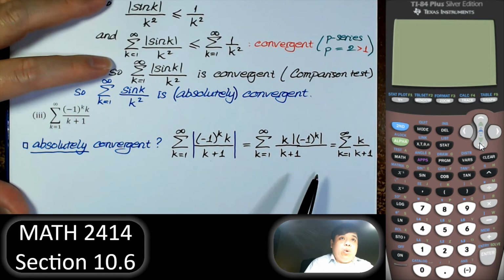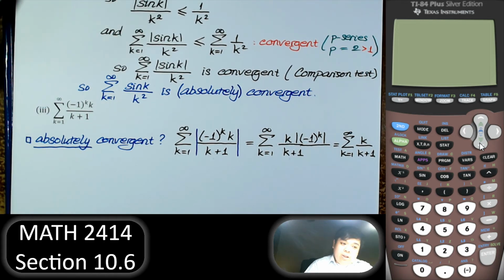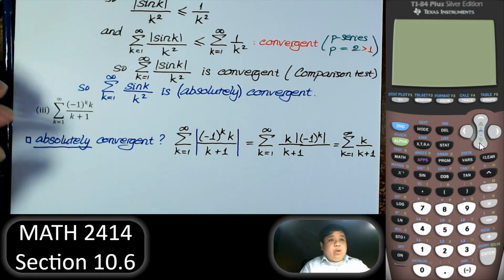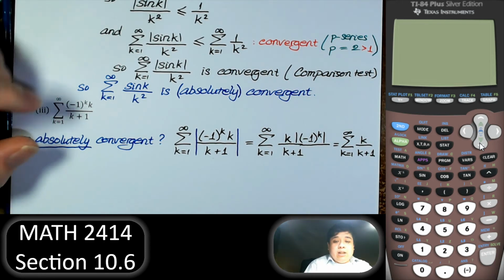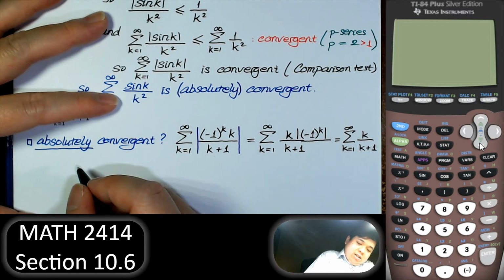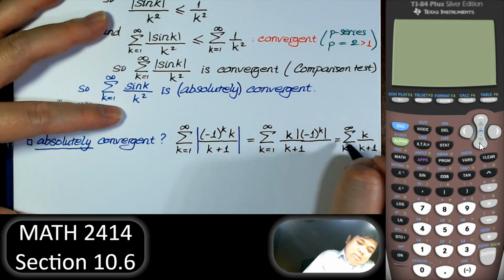And what test should we use? There's a few things we can do: limit comparison test, direct comparison test, or in this case the easy one is why don't we just take the n term test. So we'll take the limit of that.